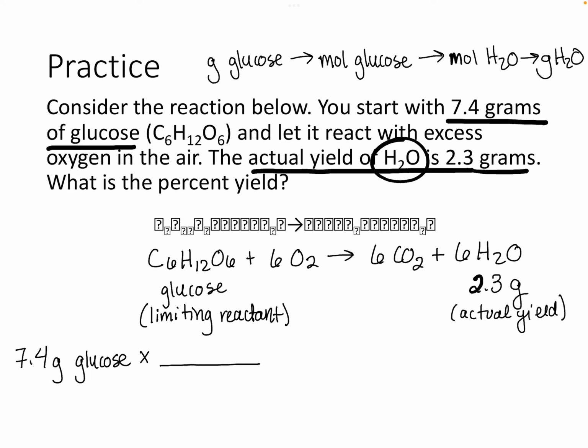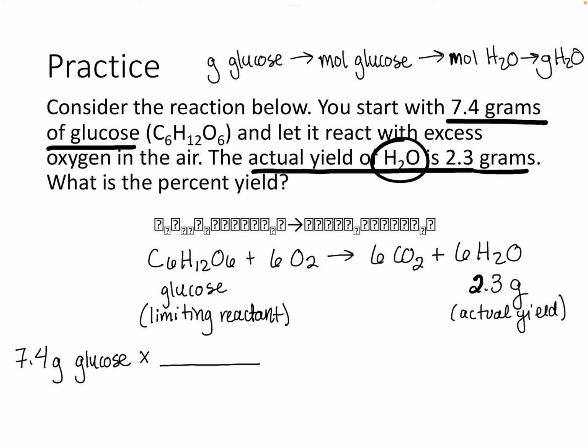So pause the video, see if you can figure out the molar mass of glucose, and when you're done, we'll go over it together. Okay, so the mass that I got was 180.16 grams of glucose for every 1 mole.